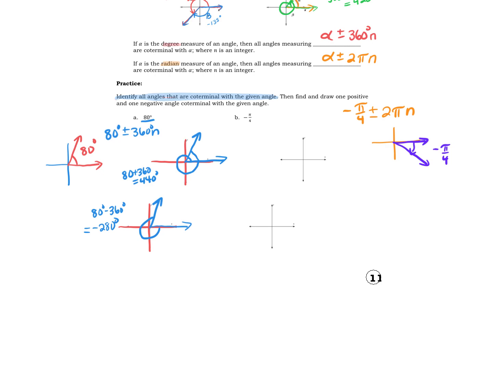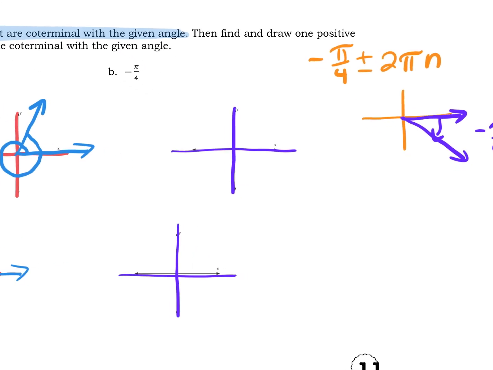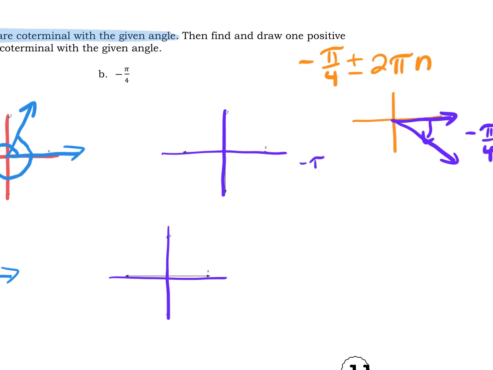Let me darken these in. So we're going to draw two coterminal angles. We're going to show the different rotations here, okay? So for negative pi over 4, if I add 2 pi, only instead of 2 pi, I really want to add what's equivalent to 2 pi that has my common denominator.